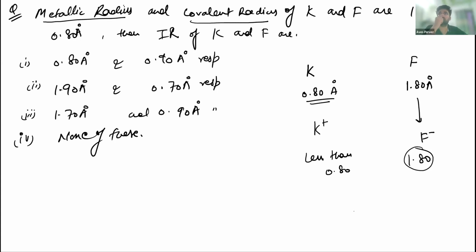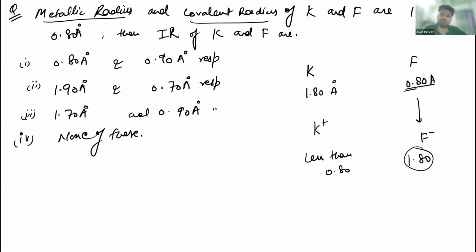So here the ionic radius of potassium, oh, I have written it a little bit wrong. It is saying that 1.80 is for potassium, and 0.80 is for this one.